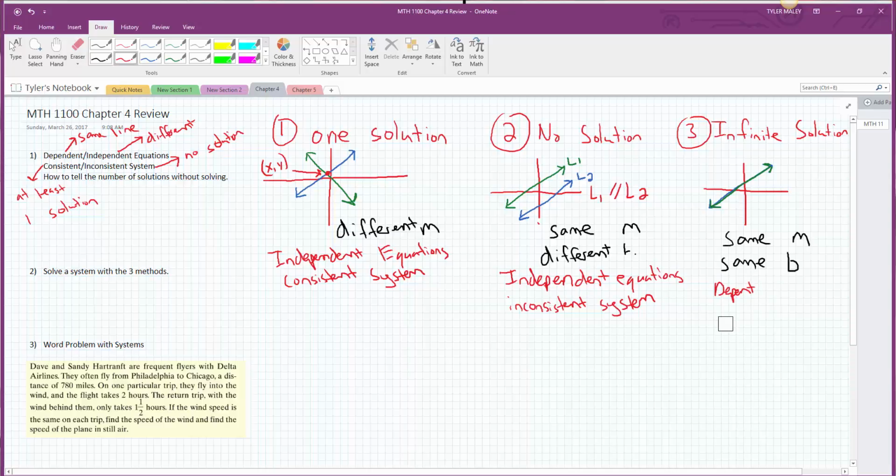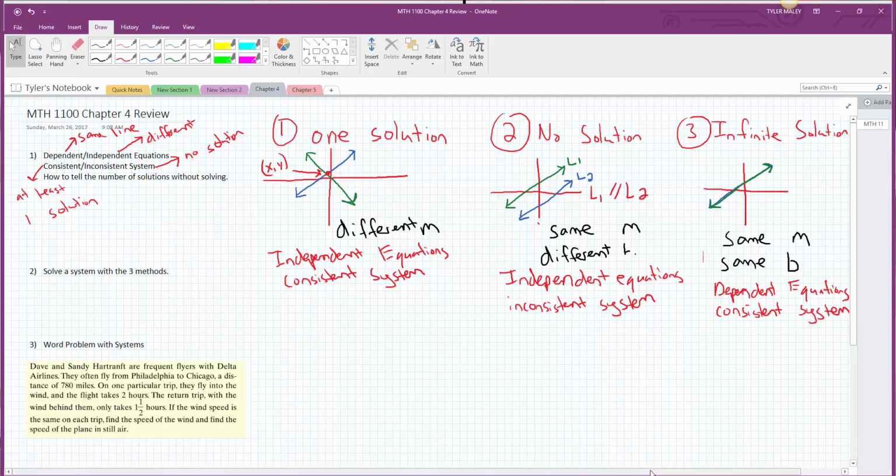I can't, getting ahead of myself every time I try to spell that. Dependent equations. And this would be a consistent system. Right?